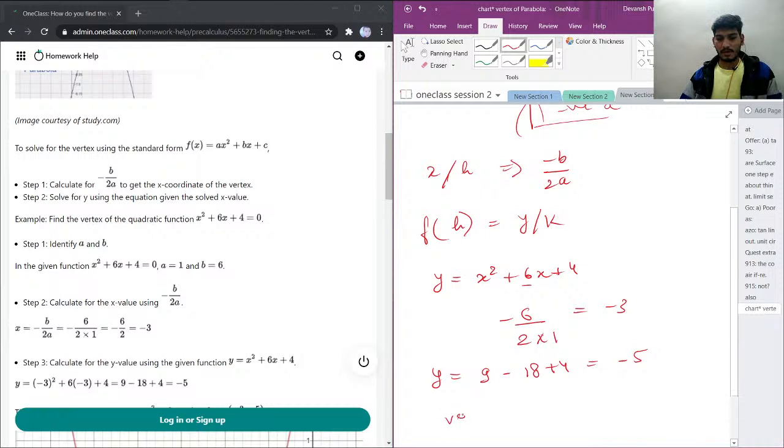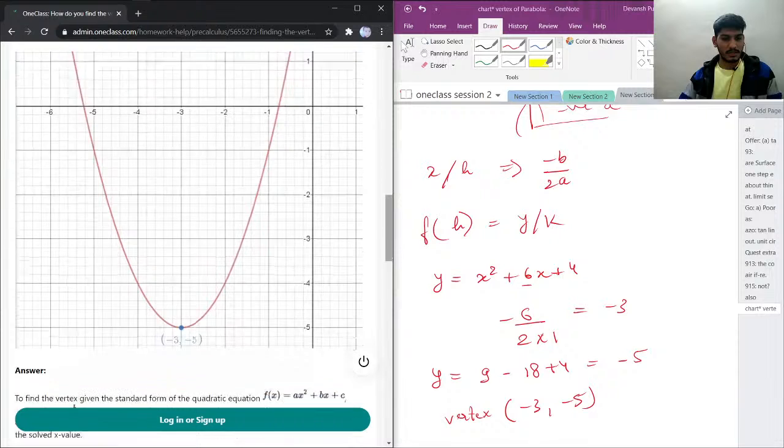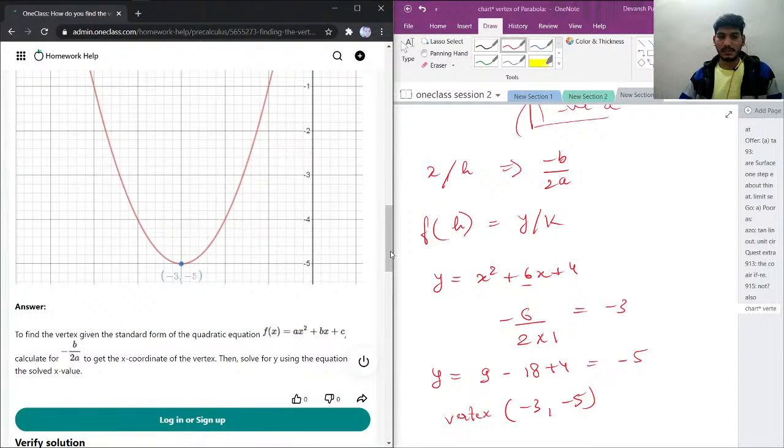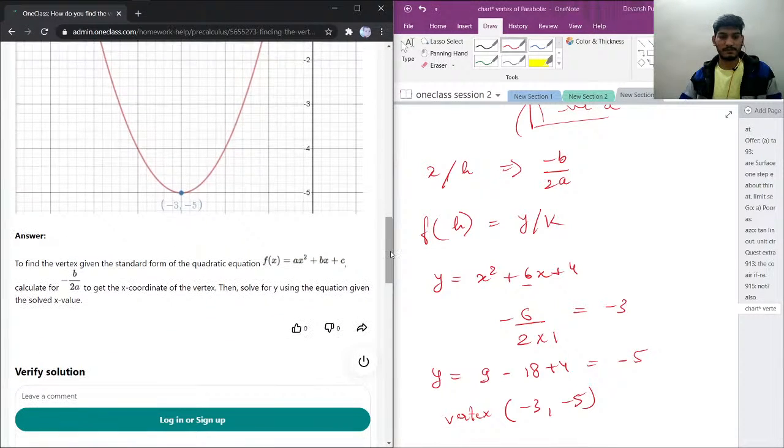So my vertex will be negative 3 comma negative 5, and this is the vertex of the parabola. So in this way we can calculate the vertex of the given standard form of parabola.